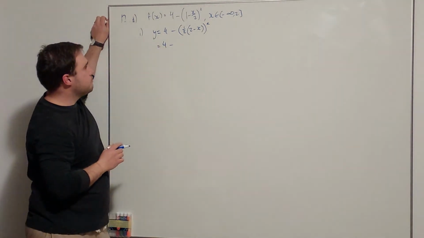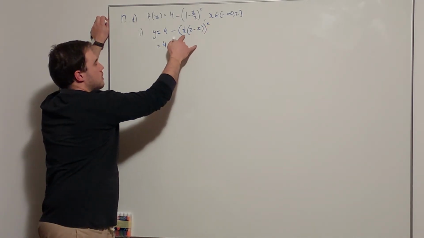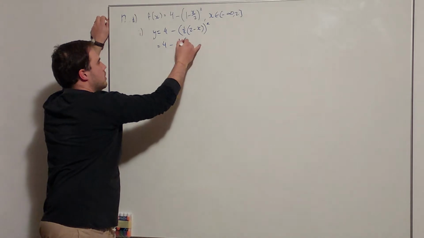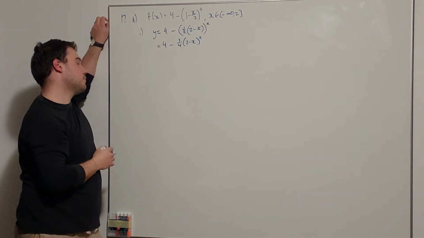And then I squared the half to bring that out. So 1/4, 2 minus x all squared.